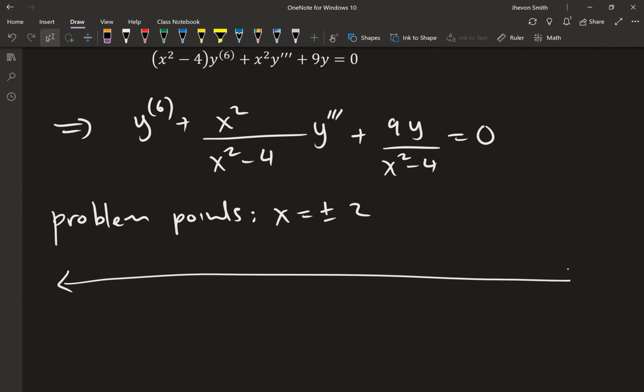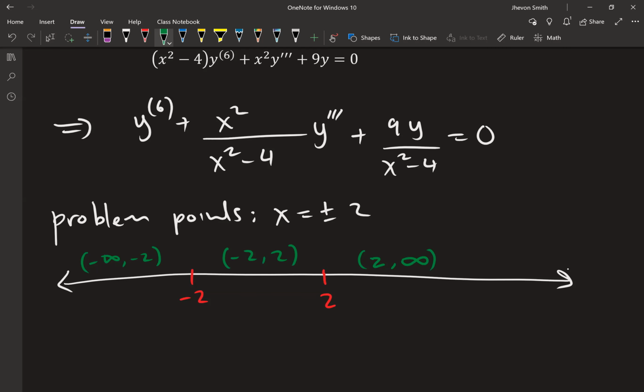Then you'd realize, okay, I have to avoid those points. I have to avoid minus 2. I have to avoid positive 2. Well, that gives me 3 intervals. I have the interval from minus infinity up to minus 2, the interval from minus 2 to 2, and the interval from 2 to infinity.